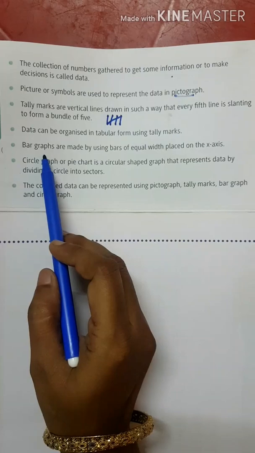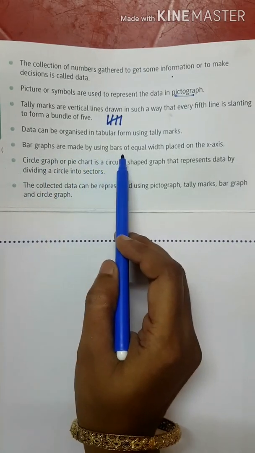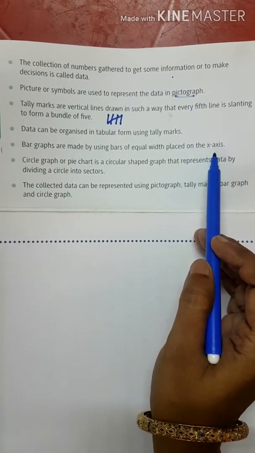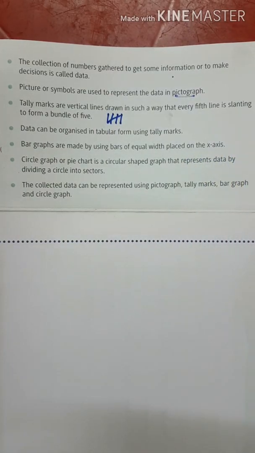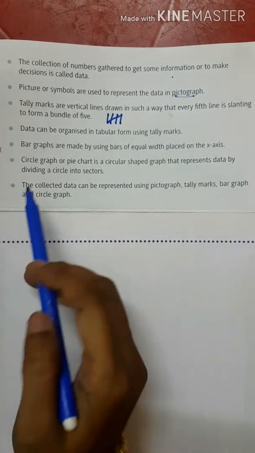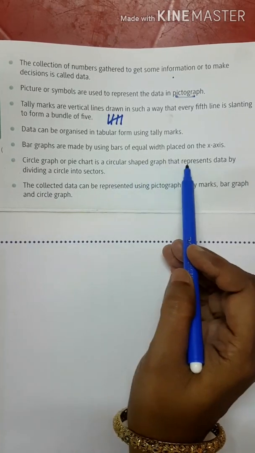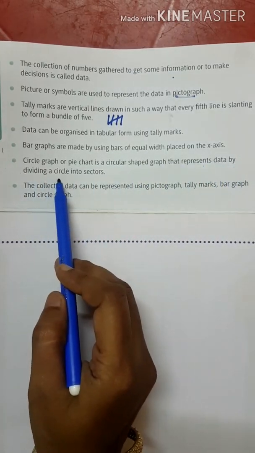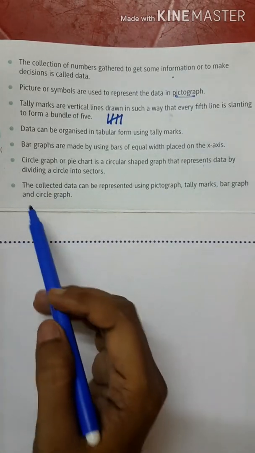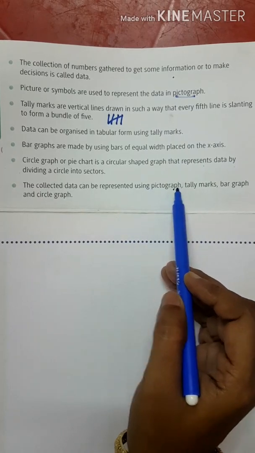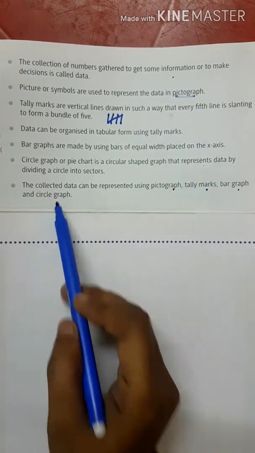Yes, bar graphs are made by using bars of equal width placed on the x-axis. Yes, we should draw x and y axis, and we should using the bars of equal width to represent the bar graph. Circle graph or pie chart is a circular shaped graph that represents data by dividing a circle into sectors. The collected data can be represented using pictograph, tally marks, bar graph and circle graph.